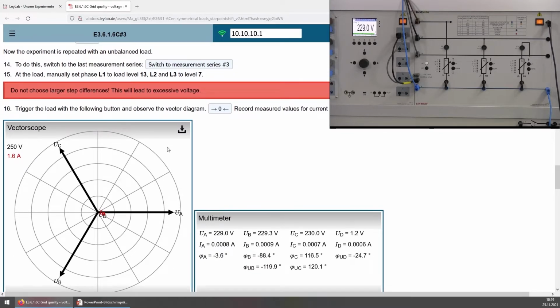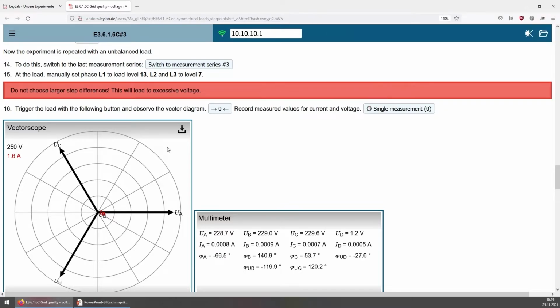Okay, we can see again 3 phases, at the moment still balanced because we have the load turned off. And now I will manually set the loads: phase 1 to load level 13, and phases 2 and 3 to load level 7.